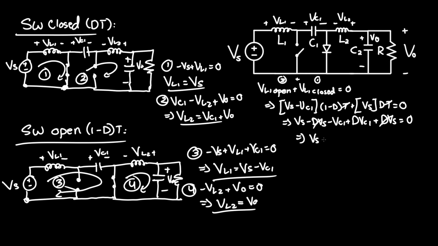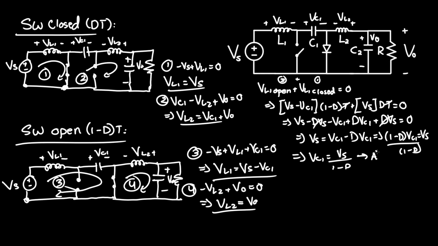So Vs equals Vc1 minus dVc1. Factoring, we have 1 minus d, Vc1 equals Vs, and we can divide by 1 minus d, which gives us our equation, which we'll call equation A, as Vc1 equals Vs over 1 minus d.